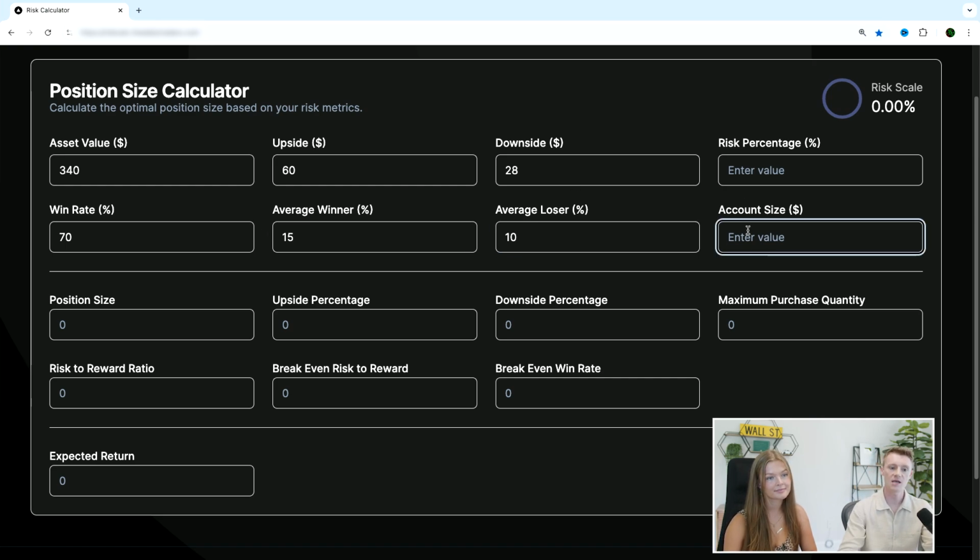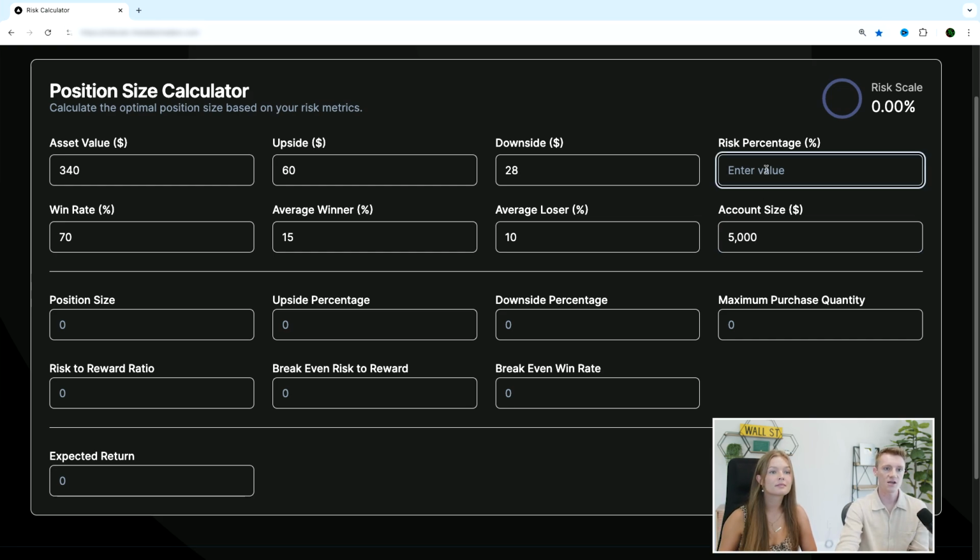And let's say for an account size, you have a $5,000 account. Now again, that is going to come down to how much you're trading with, but that is going to be one of the big variables when it comes to how we go about managing risk, if we should even put the trade on or not. And then our risk percentage is going to be a user-defined variable because some people are riskier, some people are more conservative.